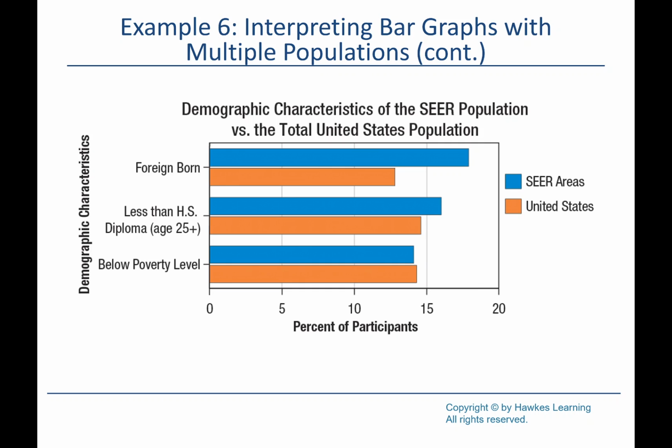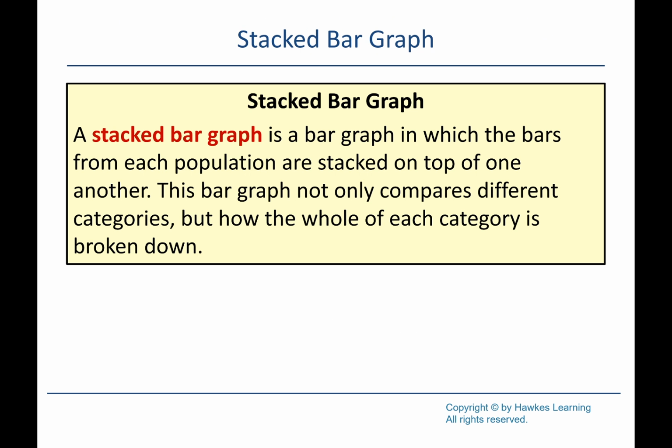Let's see what's next. Another way we can do a similar type of comparison, instead of having a side-by-side bar graph, you may not have seen one of these, is we can make a stacked bar graph. And they don't come up quite as often, but they can be really useful.